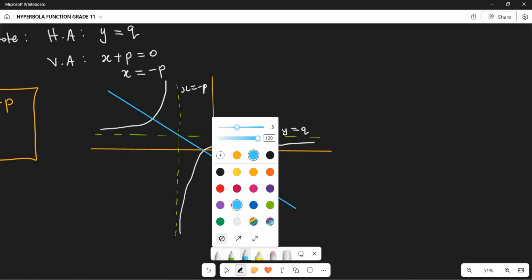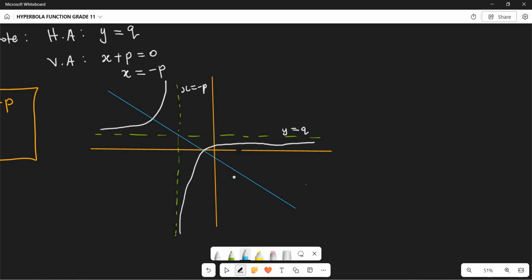Maybe not straight, but that's how it will be looking. And there's another one. And all these lines, they pass through the point of intersection of the asymptotes.